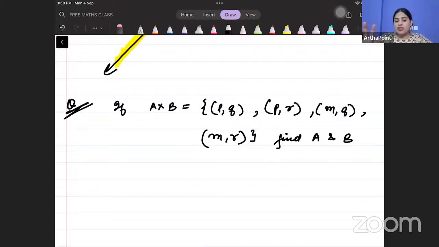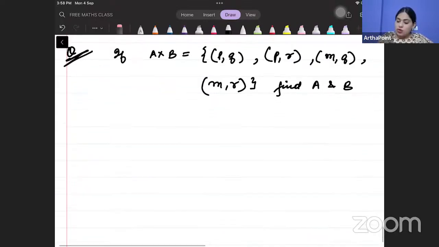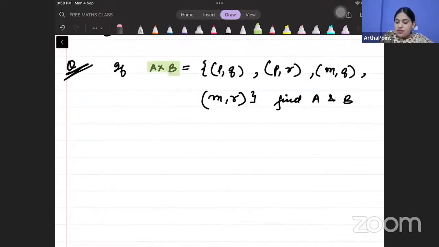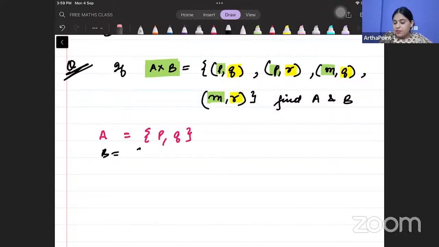The Cartesian product is given in this case, and they are saying to find A and B. So beta, A cross B is a set of ordered pairs, so the first elements will belong to A. What first elements do we see? P and M. So that would be A. And the second elements will belong to B. What are the second elements that you see? Q and R. So B would definitely be Q, R.